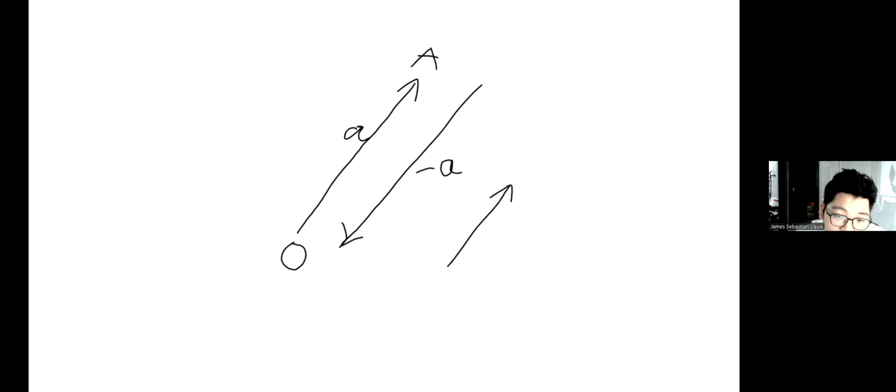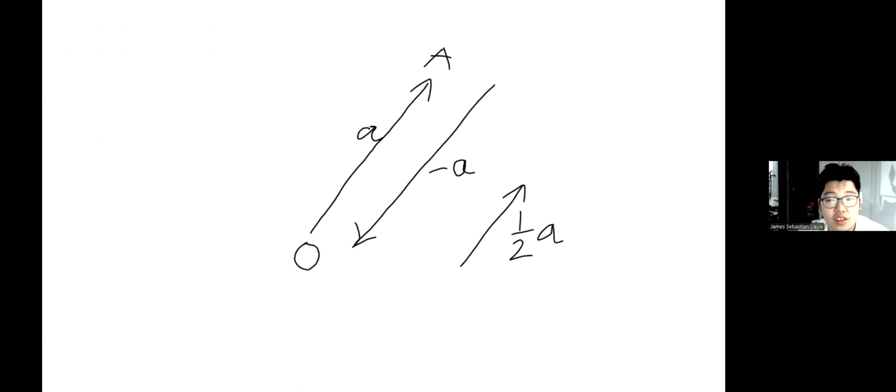If this is A, then the same vector, same magnitude in the opposite direction is minus A. The same vector in the same direction, which has half the magnitude, is half of A. Note that all three of these vectors have the same direction, so it is alright to compare them in terms of their magnitude only.